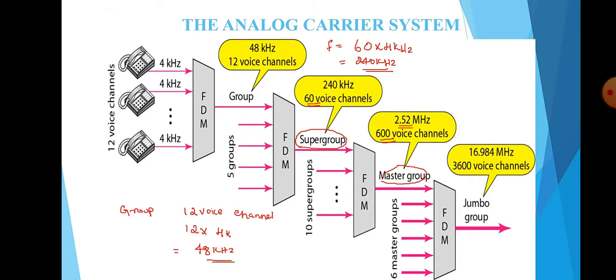Usually on calculation, 600 into 4K gives 2.4 megahertz, but on consideration of the guard band, the frequency of the master group will be 2.52 megahertz. Similarly, the jumbo group has around 3600 voice channels with a frequency of 16.984 megahertz.